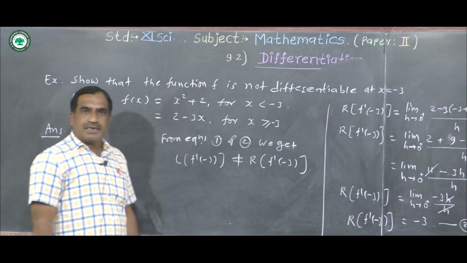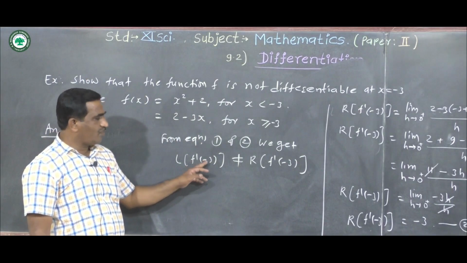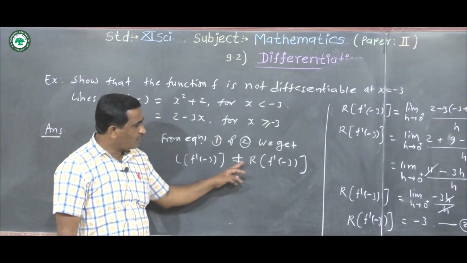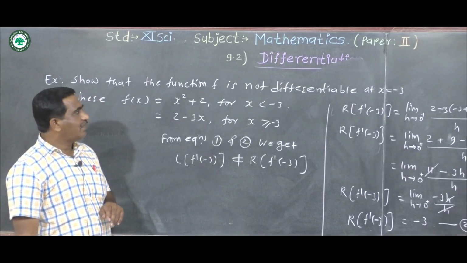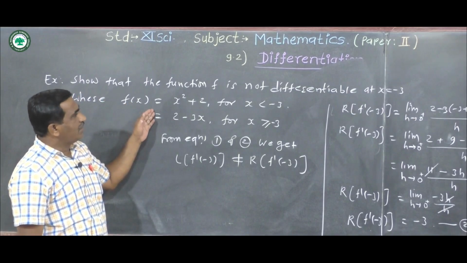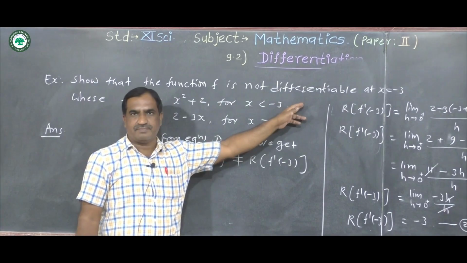That is, left hand derivative at x equal to minus 3 is not equal to right hand derivative at x equal to minus 3. Therefore, this given function is not differentiable.